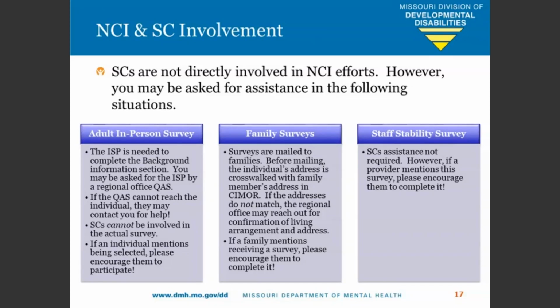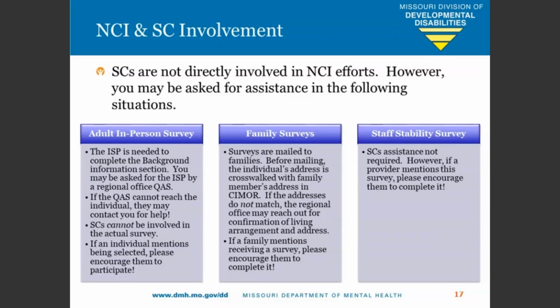This is the phone number I've been using. Do you have a different number or a different way to get a hold of the person? So those are two ways that you might be asked to help or provide information for the adult in-person survey.